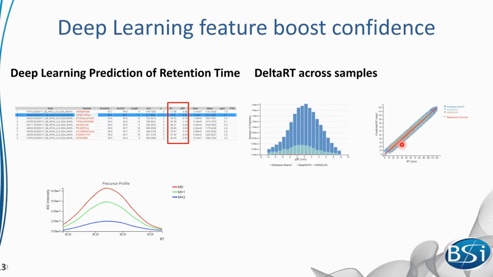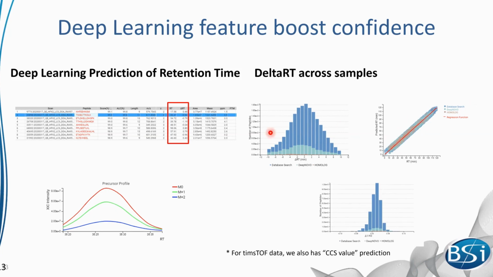So we can say that it's a good match, and the PSMs in this search are good. What's more, if the input data is from timsTOF, we can also predict the CCS value. Besides the MS2 spectra and the delta RT, we also give you a delta CCS column to see if it's a good match.